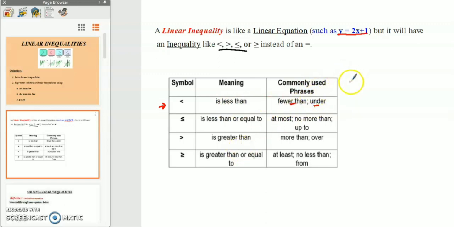So if I say x less than 2, I am speaking of all the values of x that are less than 2. However, it does not include 2. It might be a little tempting to include 2, but 2 is not included, because once we say x less than a particular value, then it is everything below, under, or fewer than that value. So 2 would not be included here.